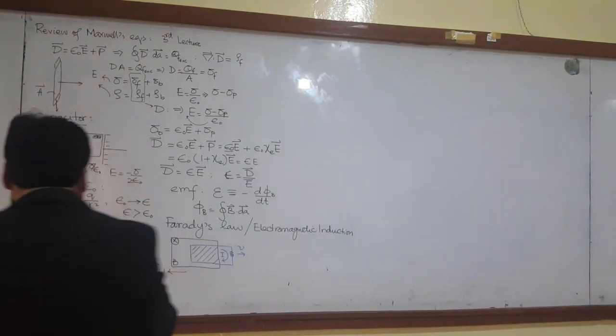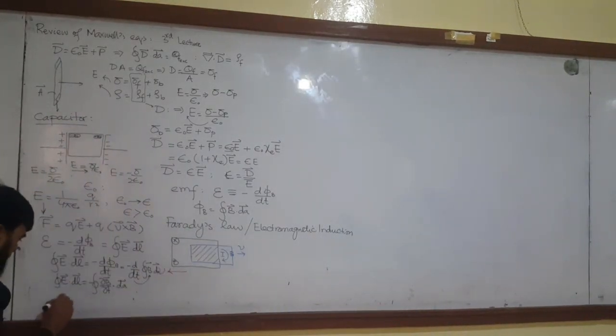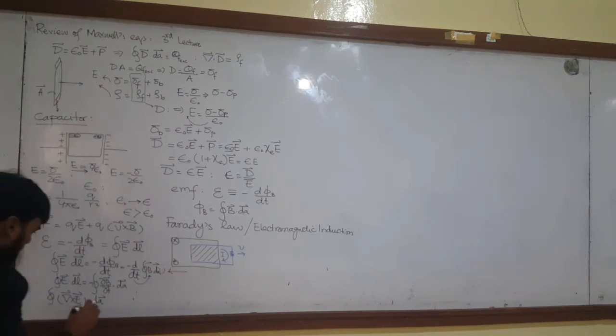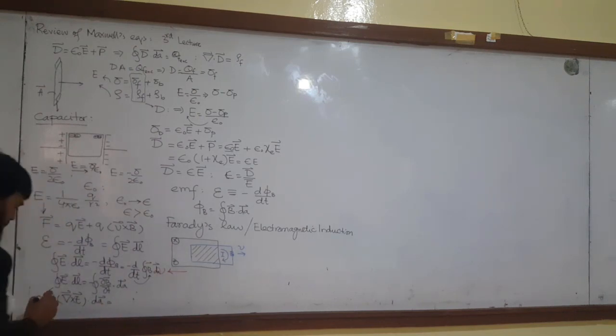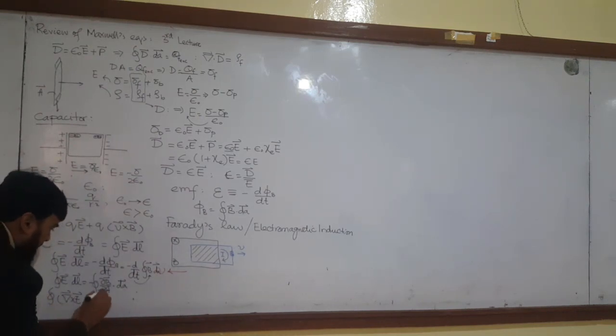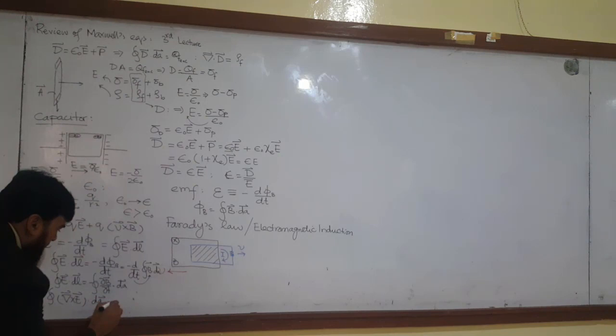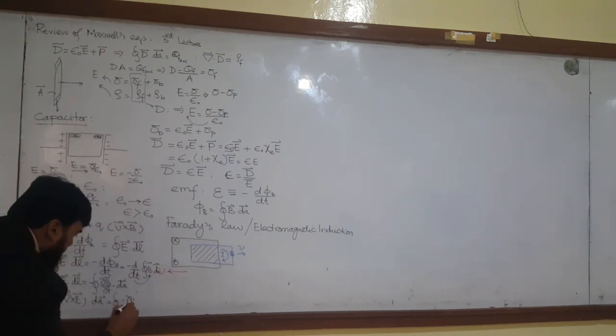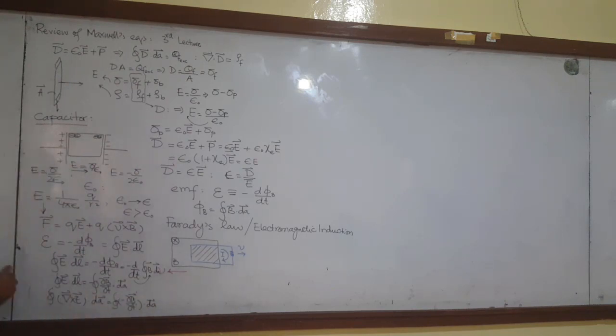So here I write this portion as the integral over a closed loop of del cross E dot dA, over a closed surface, and minus the closed surface integral of curly B over curly t dot dA.